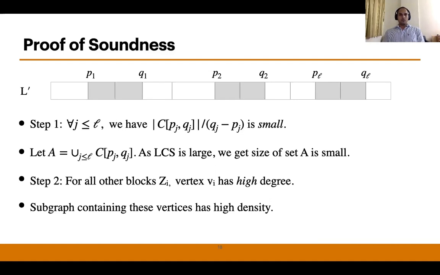So most of the blocks zi in string L prime are not in set A. For all the blocks which are not in set A, we show that the corresponding Vi has high degree. And when we look at the subgraph containing these vertices, the subgraph has high density. Through these arguments, our proof follows.